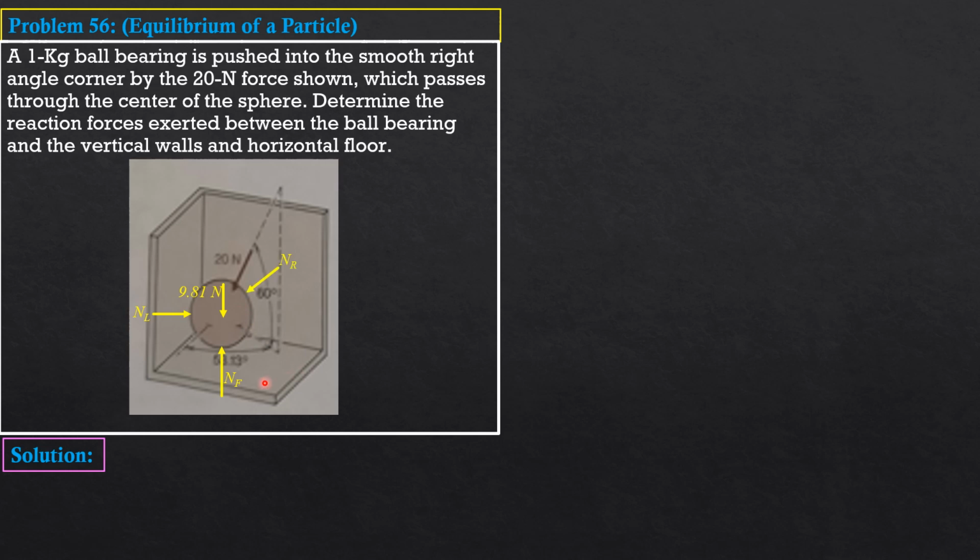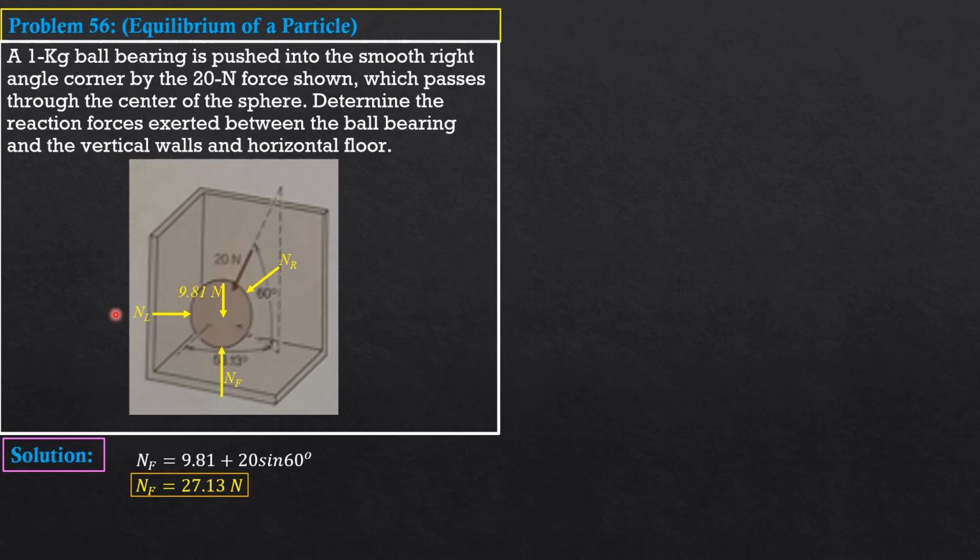So first we compute NF by summing up forces vertical equals 0. So the vertical component of the 20 Newton force, because this vertical angle is known, is simply 20 sine of 60 degrees. So NF equals 9.81 plus 20 sine of 60 degrees, the vertical component of 20 newtons. So NF equals 27.13 newtons.